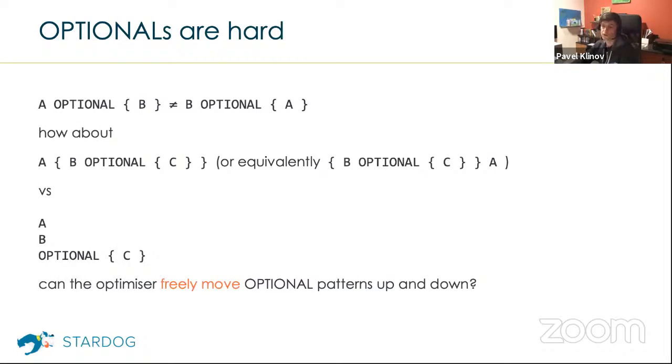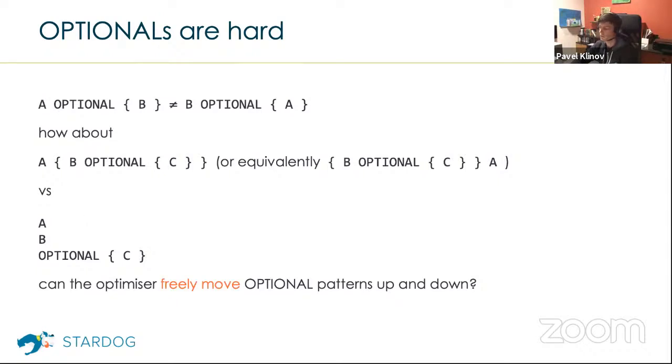A more interesting question is when you have a sequence, so you have an optional join of B optional C, and then you join it with A. Can you swap? Can you essentially remove the parentheses and say, okay, I will do an inner join of A and B, and then optional, an outer join with C?